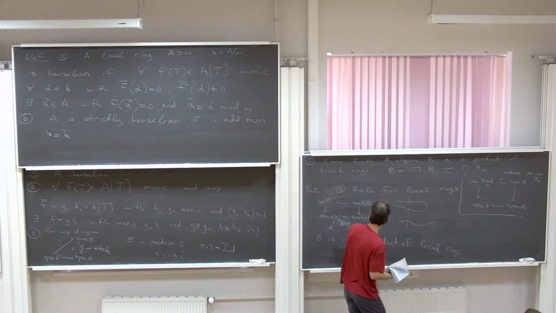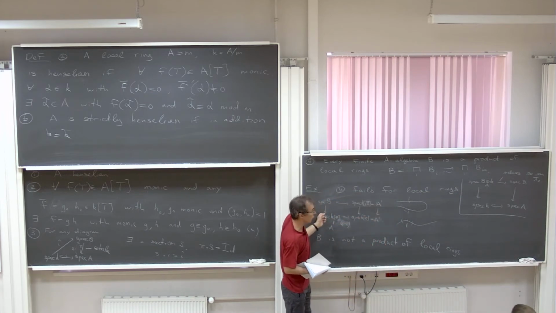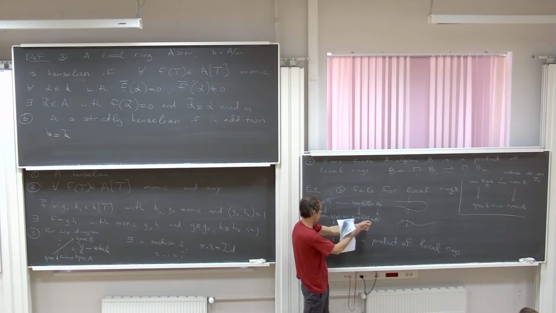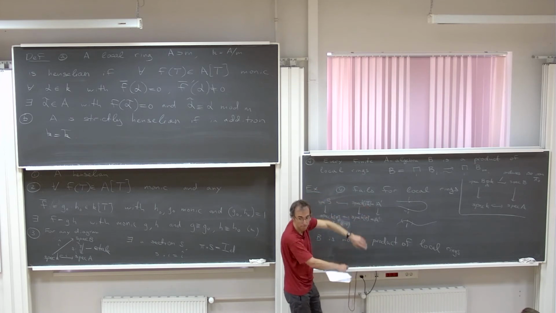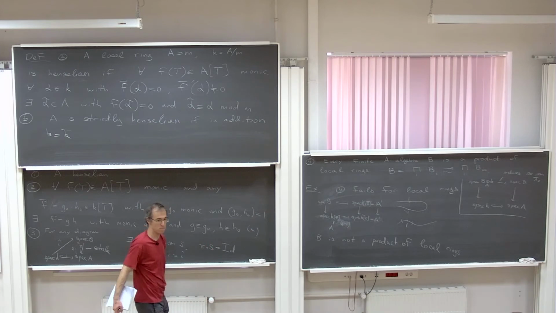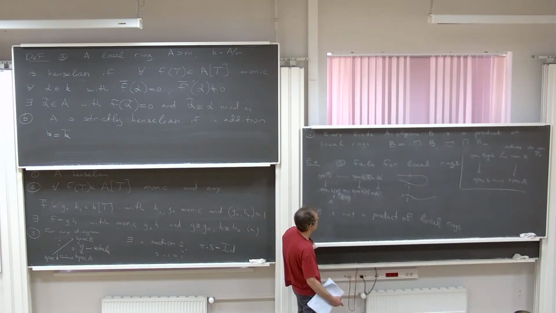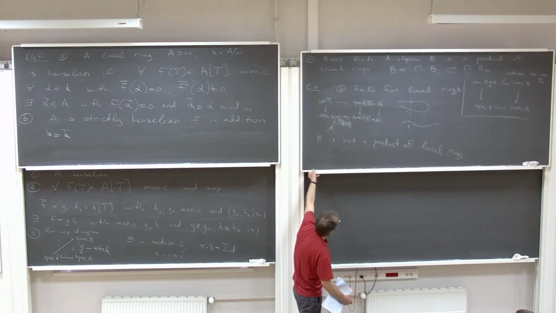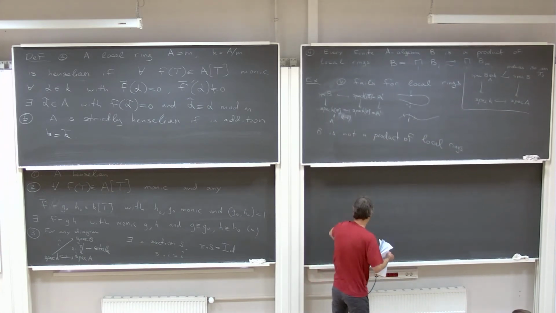So, for example, here you see that this guy is connected, the fiber is not connected, and even if you restrict this map to any Zariski neighborhood of point z equal 1, the pre-image still remains connected, right? Remains connected. So that's the interpretation of 4.